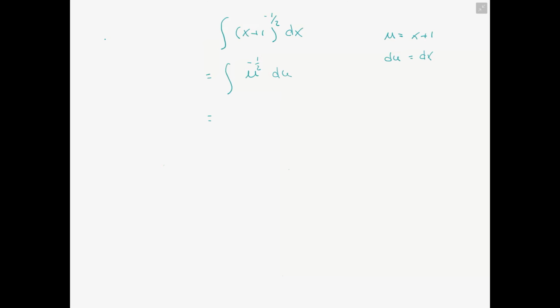And now we use our little formula, and we have u to the 1/2 on 1/2 plus c, and then that is 2 u to the 1/2 plus c, and 2 times x plus 1 to the 1/2 plus c. And that is the answer. And that one I did get correct.